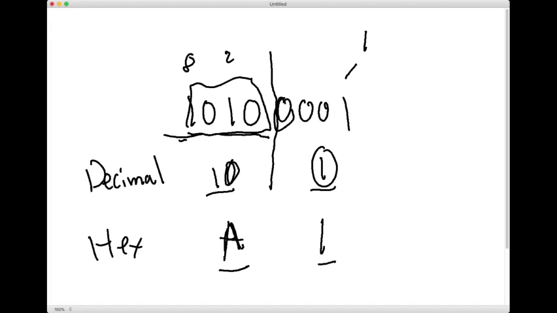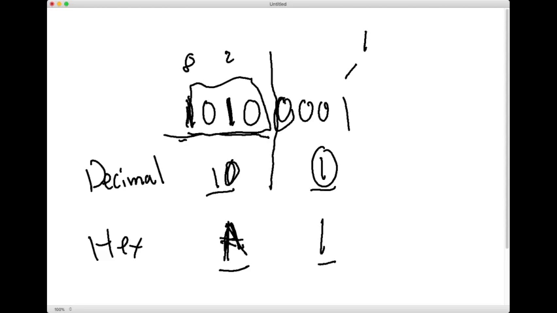Now going backwards from hex to binary, we just have to do this process in reverse. Figure out what is the value of A. Well, A is 10. Okay, so how do I write 10 in binary? 10 is 2 plus 8, so we'll flip on the second bit and the 4th bit.